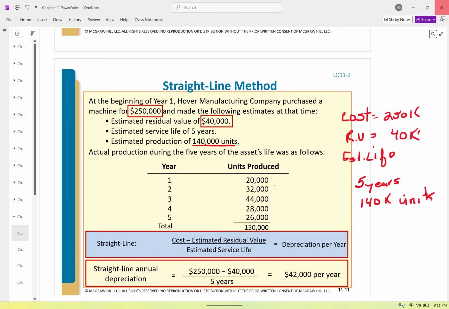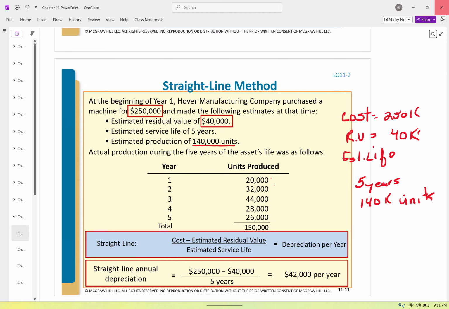You would think that people who are accountants should be able to do the hard ones like double declining balance or sum-of-the-years' digits. But in the end, straight line is easier for everybody to understand. Your accountants probably wouldn't mind using those methods, but other people in the organization may not understand them.